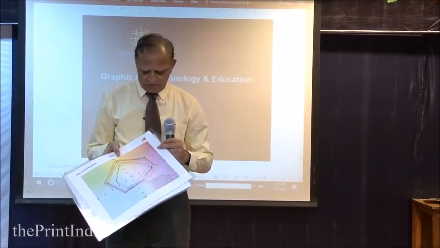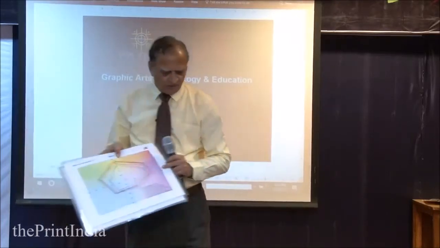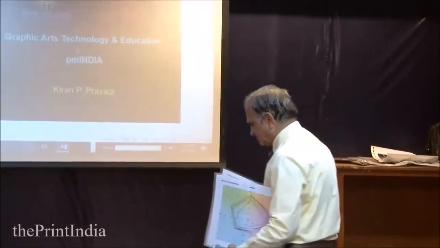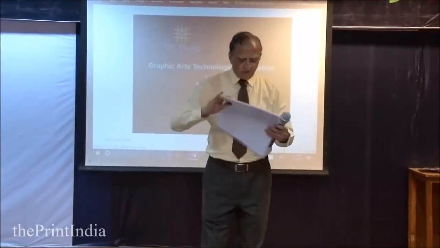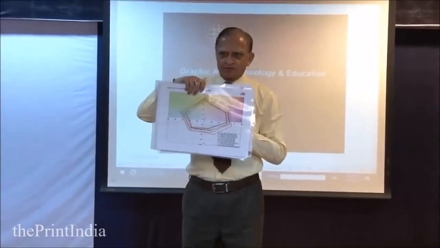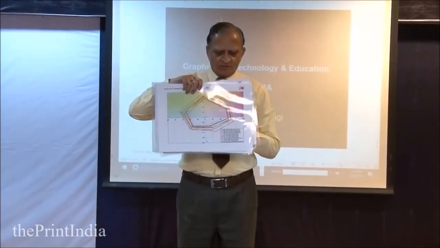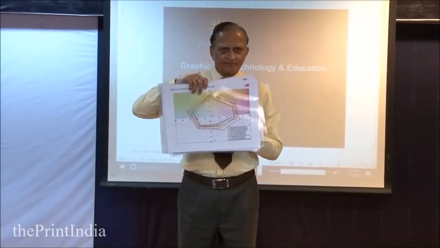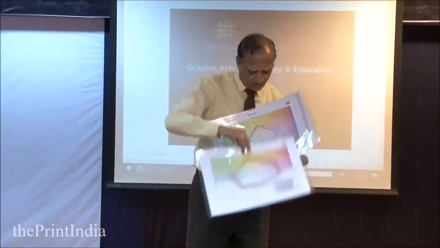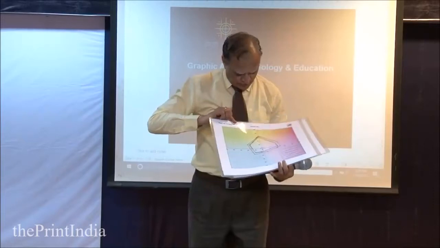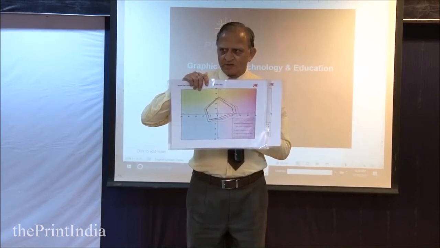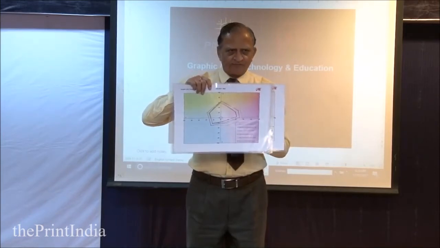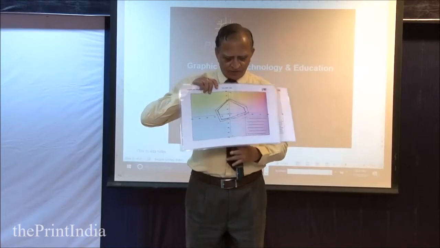This is similarly for the heat set web offset. Various different inks, different drawing systems. This is for the cold set newspapers. So each company has different gamut, different inks.